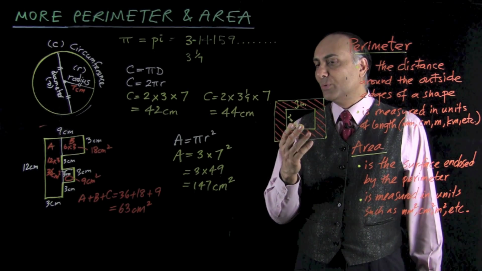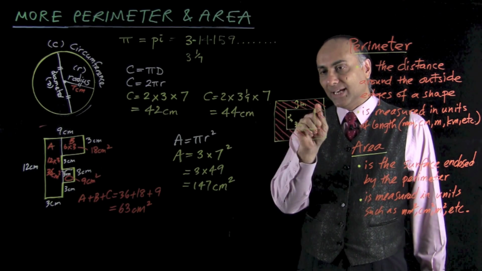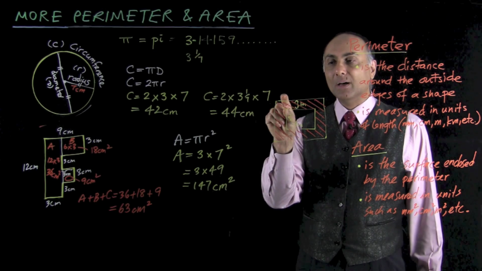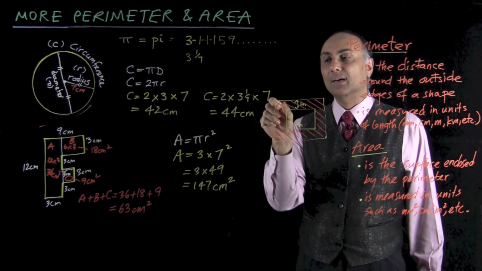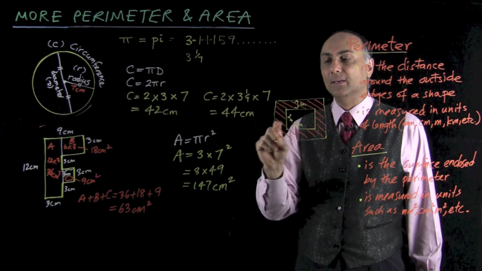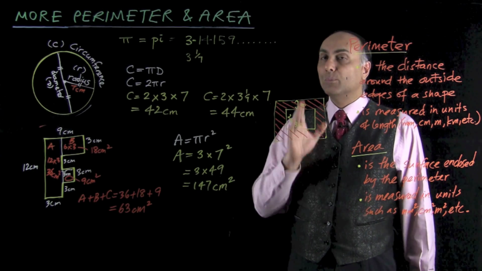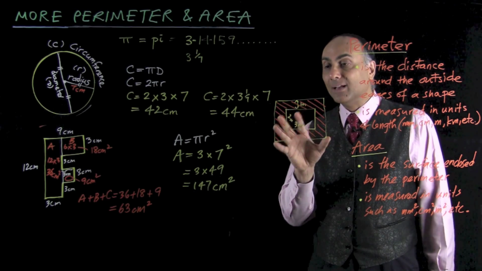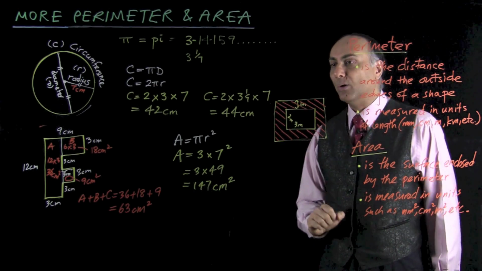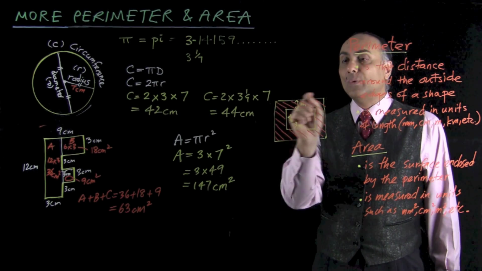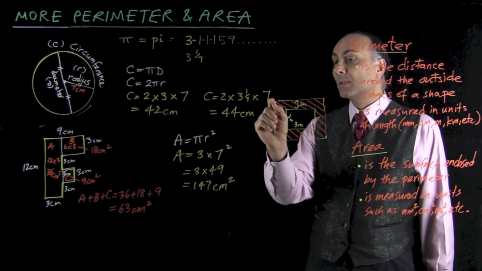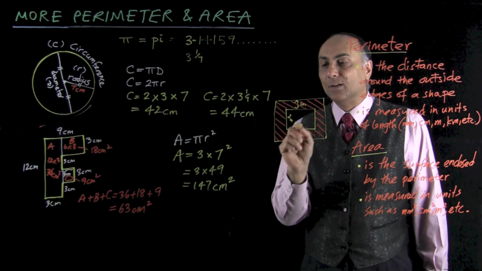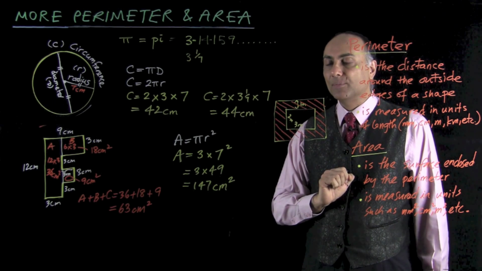So if you've understood the question correctly, you'll know that our shed is 2 by 3 meters and the path is 1 meter wide all the way around the shed, and you have to work out the area of paving stones required for the path. Well, the way to work this out is to simply recognize, and you can see it now, that we have a larger rectangle, which we don't know the length and the width of, and a smaller rectangle, which is the shed itself.